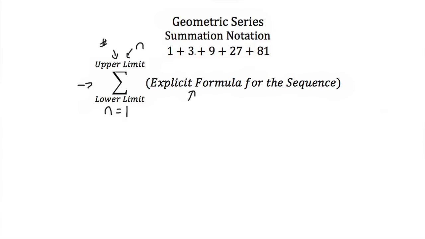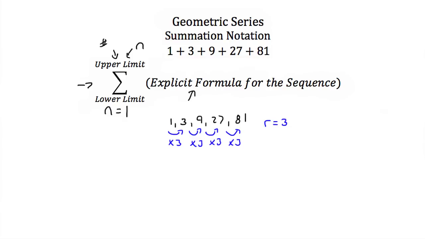of 1, 3, 9, 27, and 81, we would have to write the explicit formula for the sequence of numbers that are 1, 3, 9, 27, and 81. Now the jump between each of these terms is 3. So our common ratio, r, is 3.